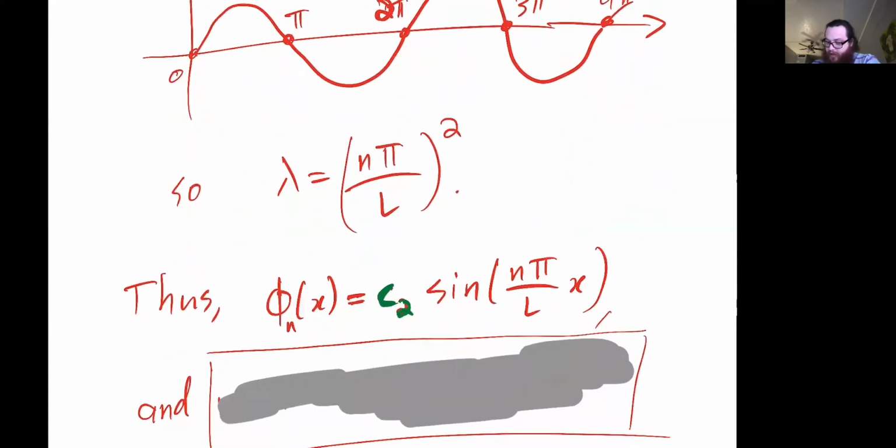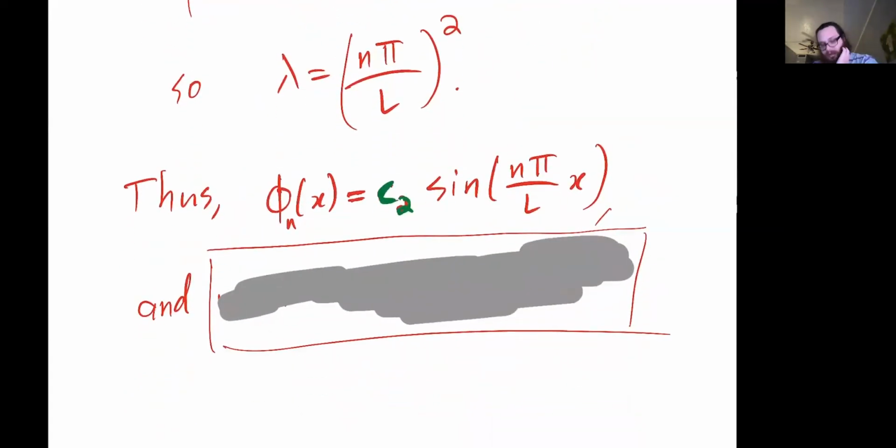So this tells us that the spatial pieces depend on n. We have one parameter there. As we set it up, we don't necessarily have enough information to figure out what this constant is. But otherwise, the spatial piece is going to be sine of n pi over L times x.